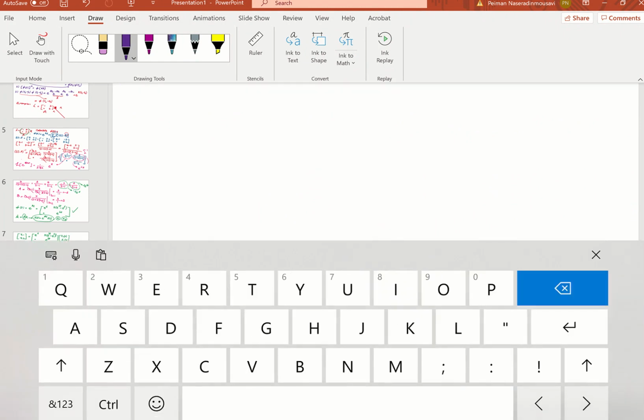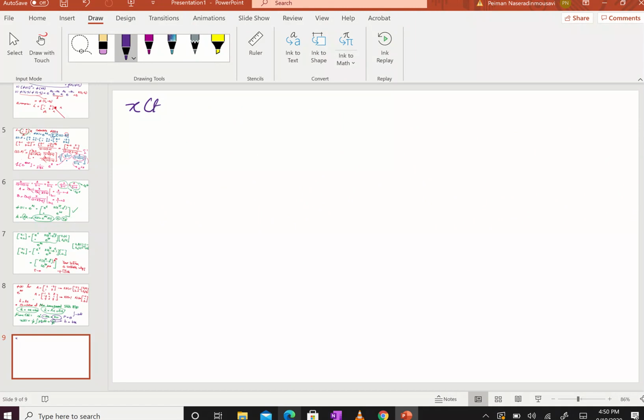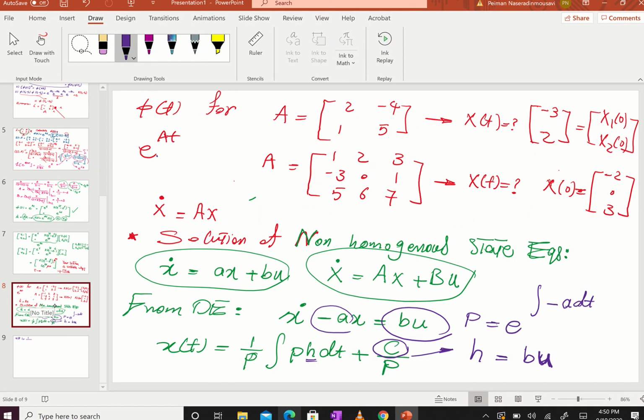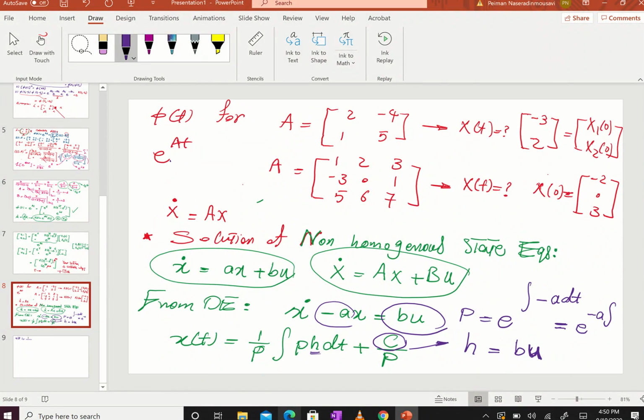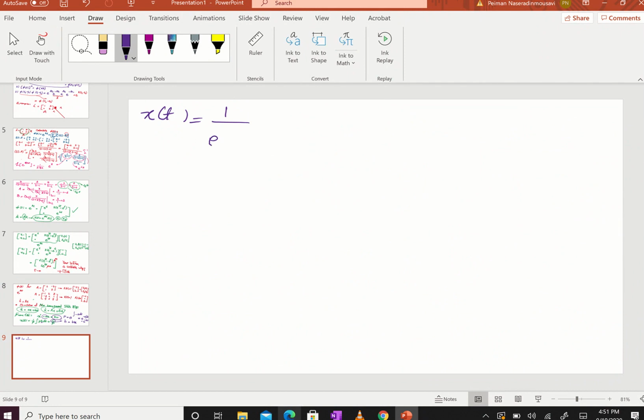Okay, so now let us do that here for the general first order differential equation. So x of t is 1 over p. p is what I told you: since a is constant, it comes out, minus a integration of dt, which obviously is e to the minus at. So your p is e to the minus at.